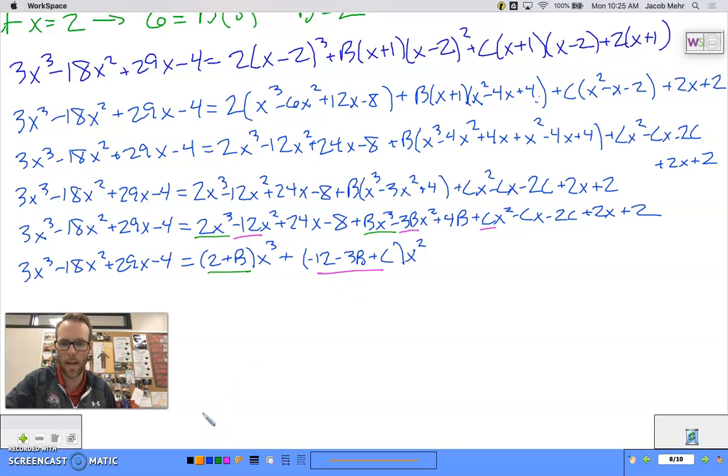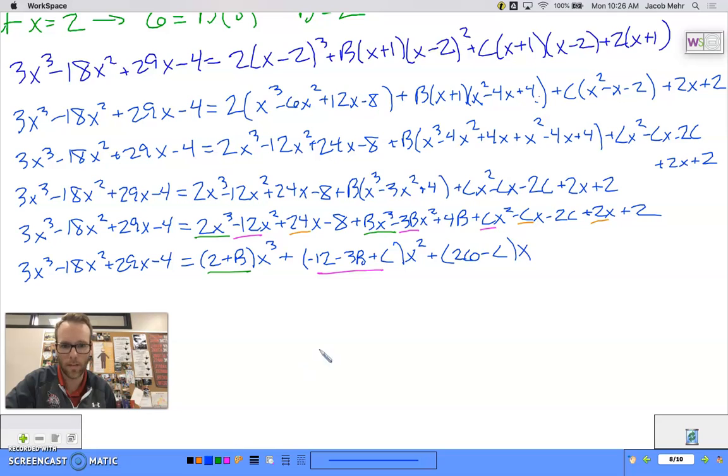Now we would go on to the x's. 24, negative c, and 2. So 24 and the 2 would be 26. So we have 26 minus c x's.